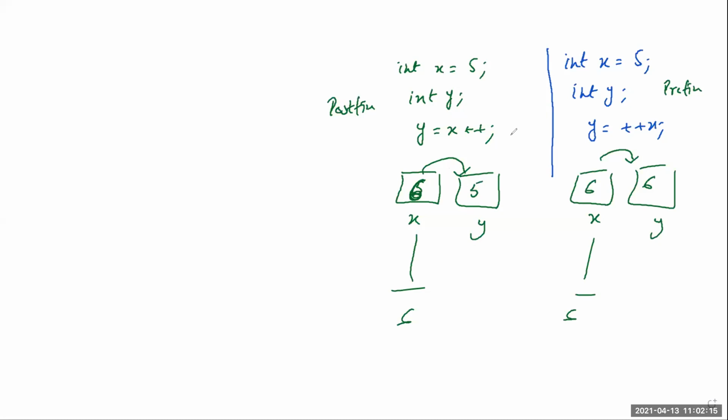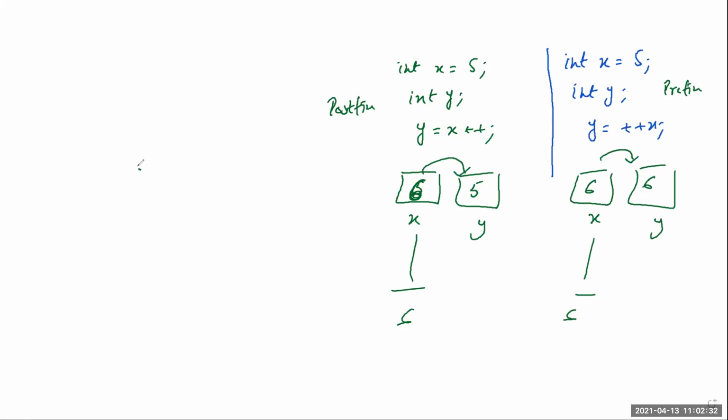Okay, so now we want this same behavior from the objects of our class. We want to be able to use the postfix operator with the object of that class which we just made, which is called counter.